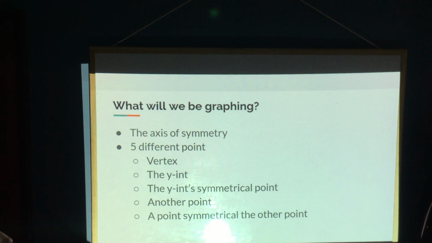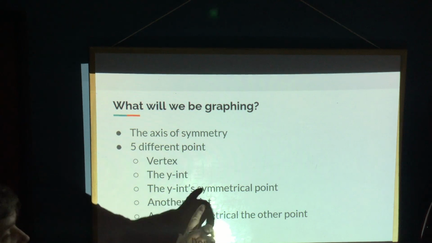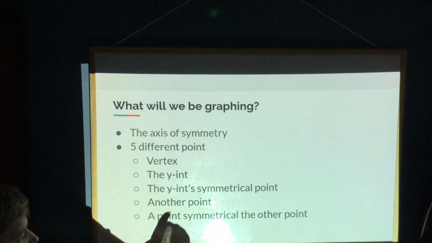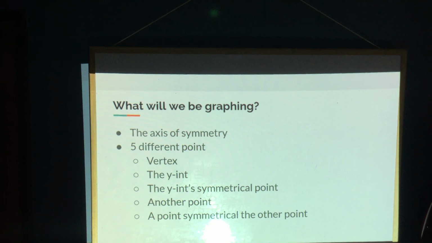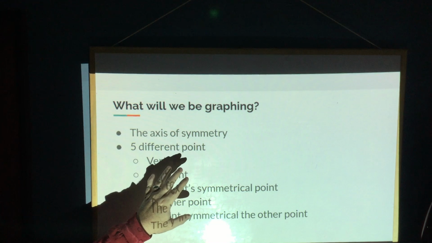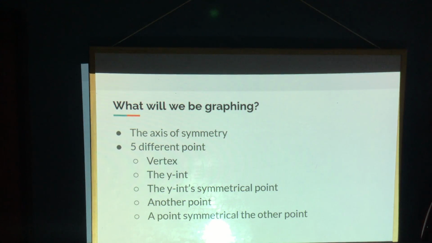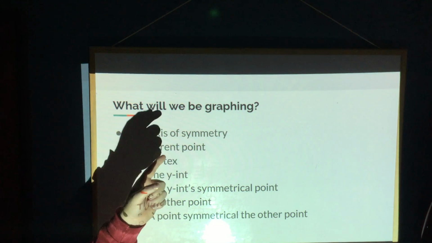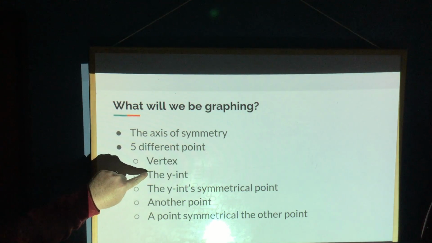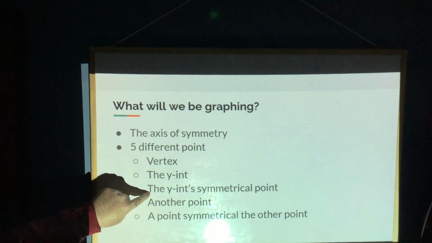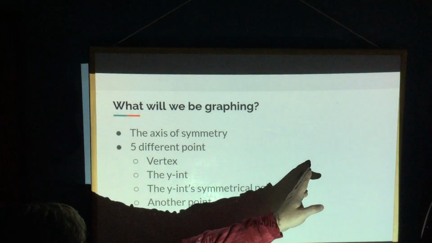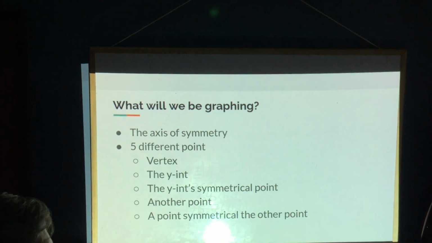And then I don't really have a fancy name to call this. I'm just going to say another point and the point symmetrical to it. So when you graph a parabola and you find one point that's not the vertex, any other point on the parabola, it's kind of like a BOGO, buy one, get one free. If you know where this point is, then you know where its symmetrical point is, because it'll be on the other side of the axis of symmetry.